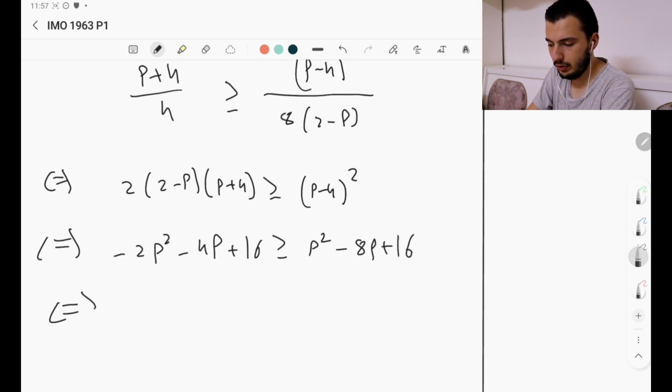And now we cancel the 16, which is good. Now we have 3p squared minus 4p is less than or equal to 0.